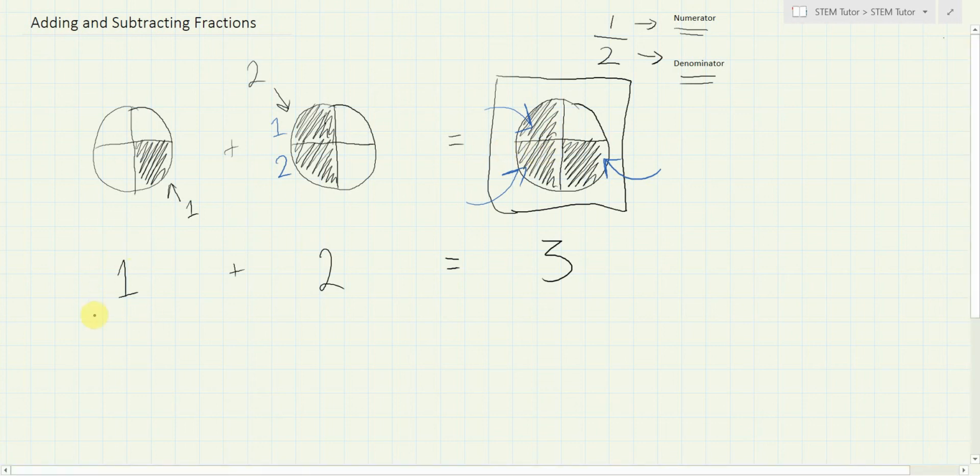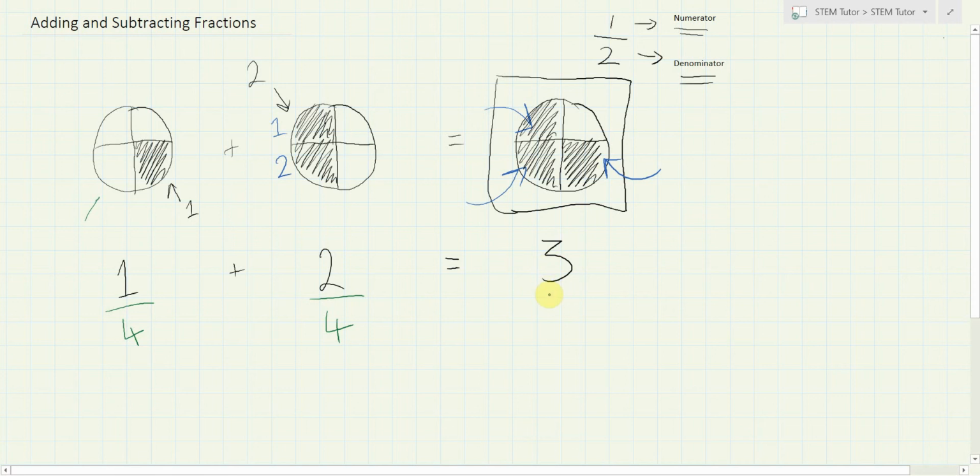Now if we think of this one portion on its own, this cake was split into 4 pieces. So the portion that we gave away was one of those 4 pieces, which is a quarter of the cake, or 1 over 4. To the second person we gave away 2 of the 4 pieces, or 2 quarters.